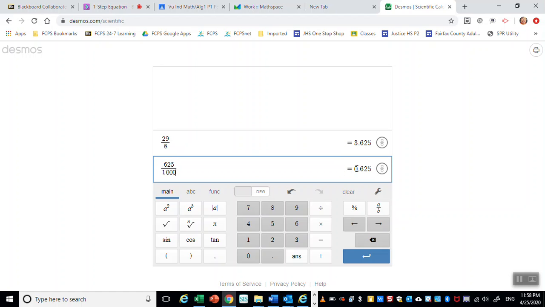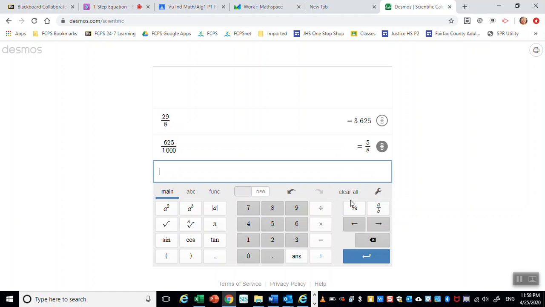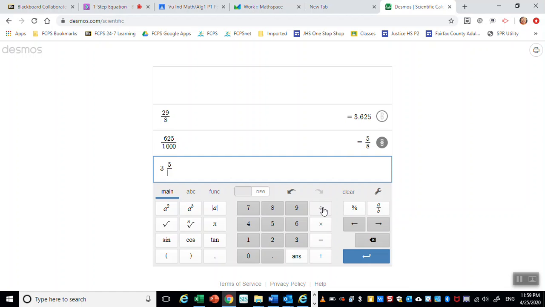That would be 0, and then as a decimal, it would be 5/8. So that means it would be 3 and a fraction of 5/8, and then you do 5 divided by 8, okay, with this. So that would be the answer.